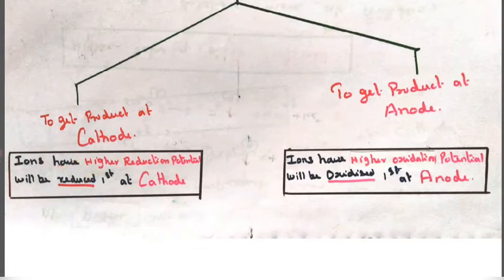Ions having higher reduction potential will be reduced first at the cathode. Ions having higher oxidation potential will be oxidized first at the anode.